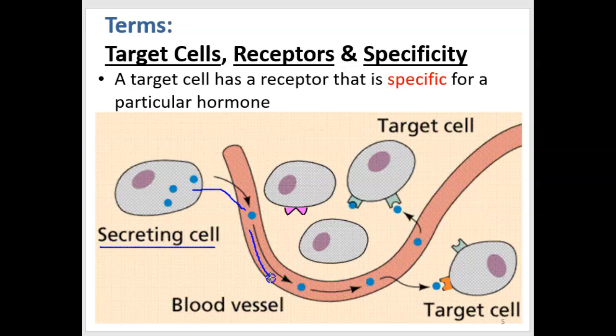It travels quite a distance, and many cells see this signal because the signal can leave the bloodstream in various locations. But the only cells that will respond to that particular hormone will be cells that have a receptor specific for that hormone.